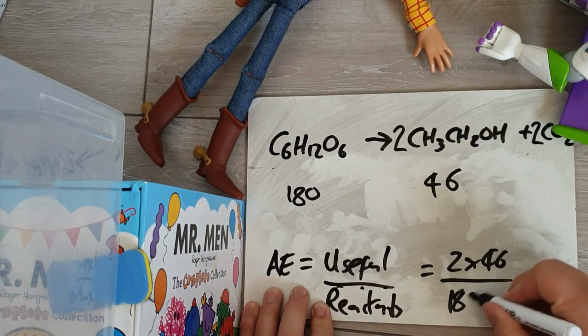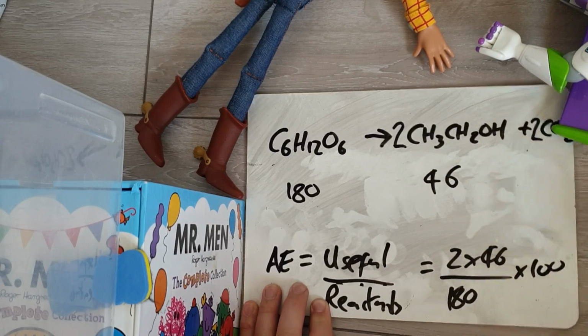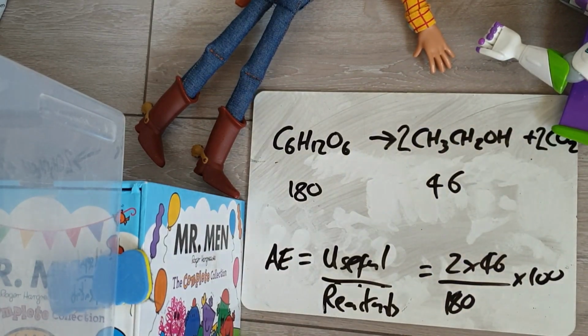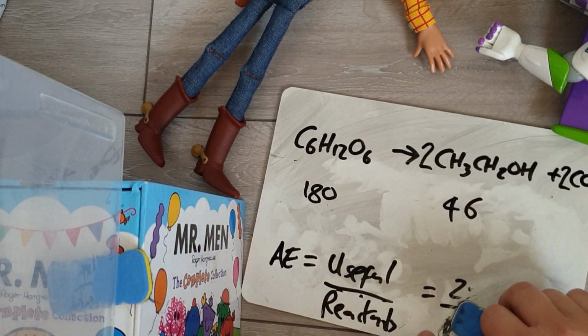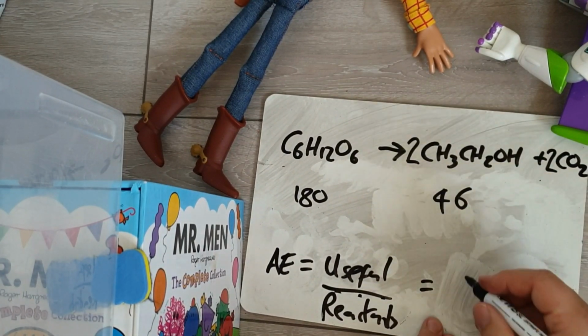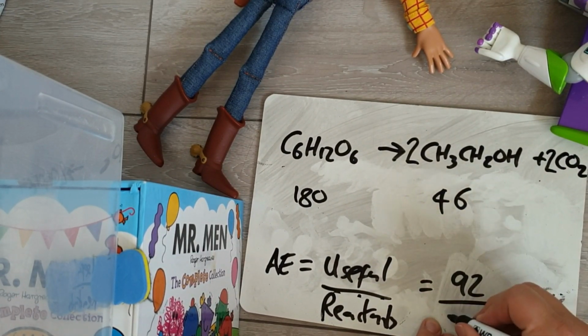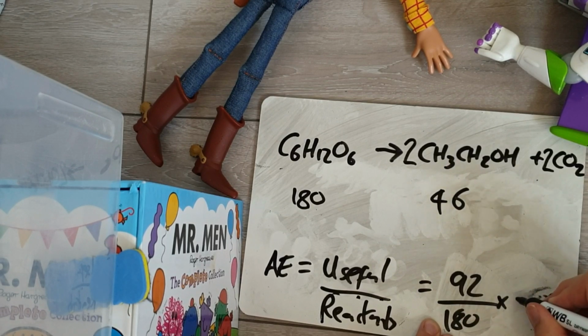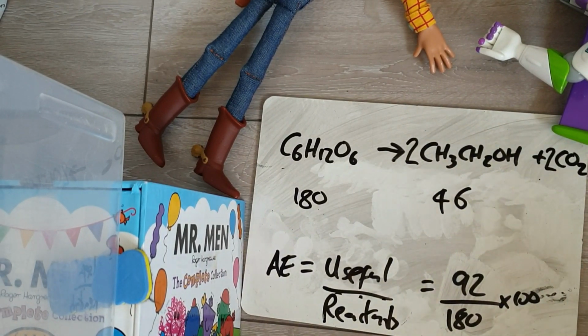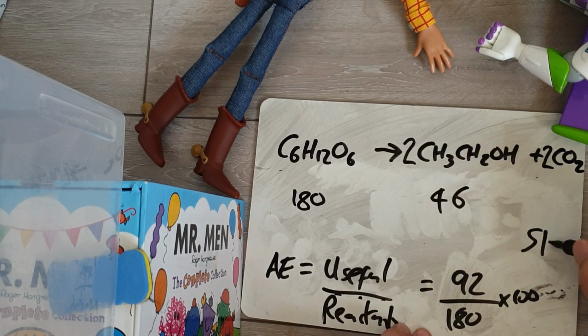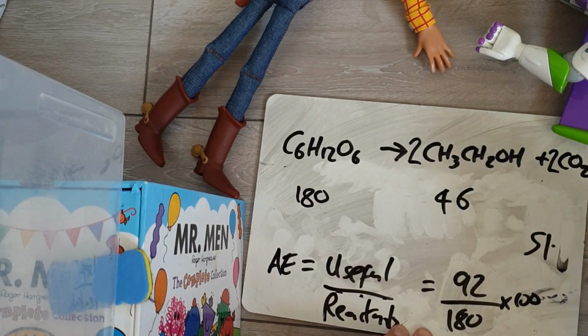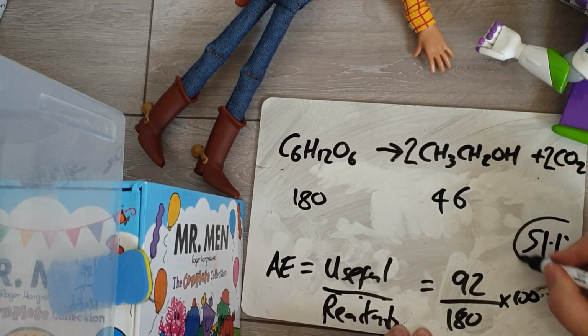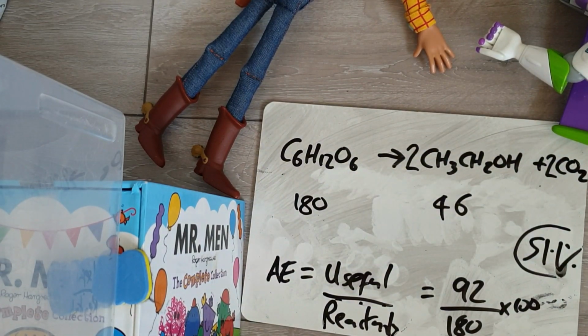So 2 lots of 46 divided by 180 times 100, and you end up with 92 divided by 180 times 100, and you can tell it's going to be just over 50%. And the answer to this one is 51.1%. So 51.1% atom economy for this one.